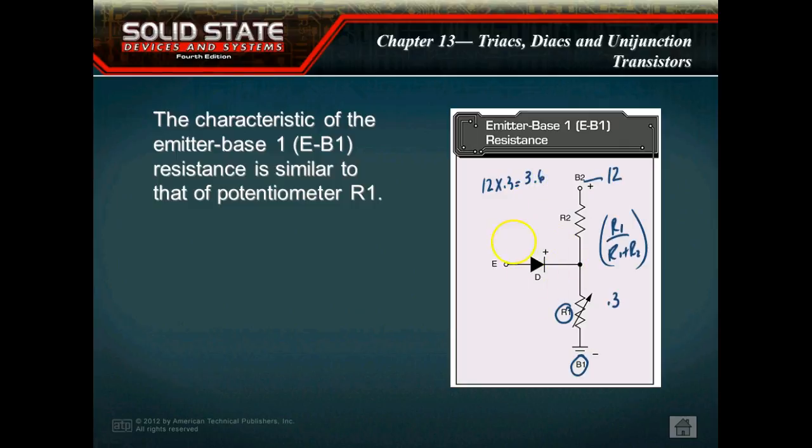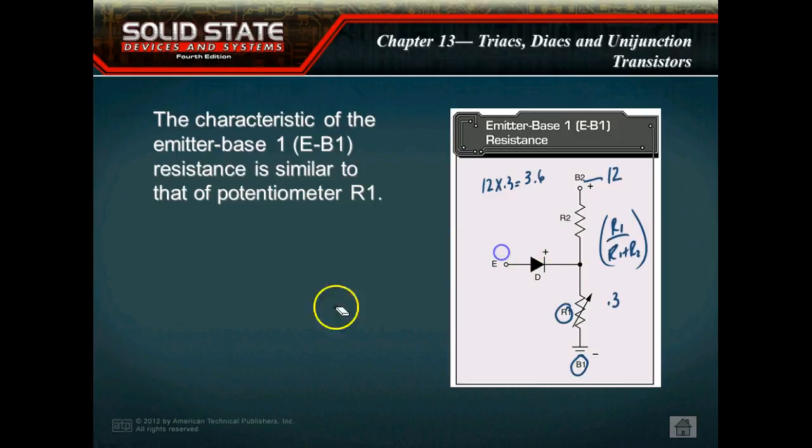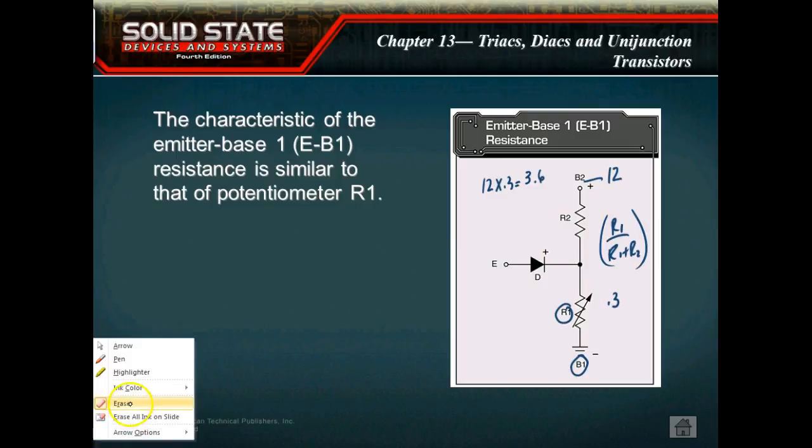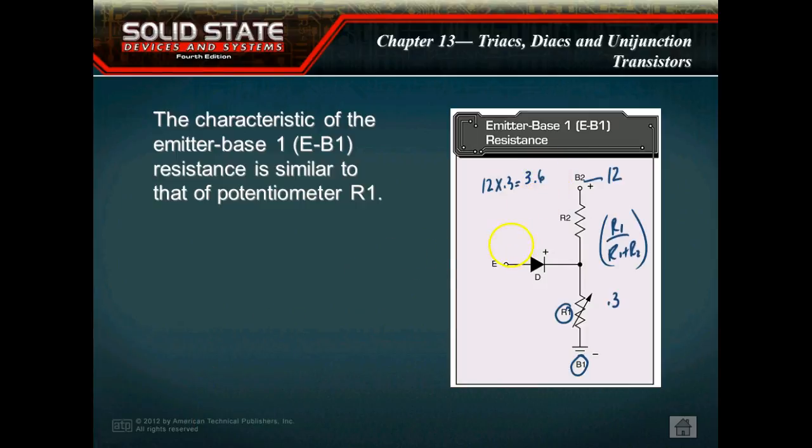So that means when we got this thing up to 4.1 volts, this guy here would fire. No, it's not 4.1, Rich. Can't do math. Uh, 4.3 volts.